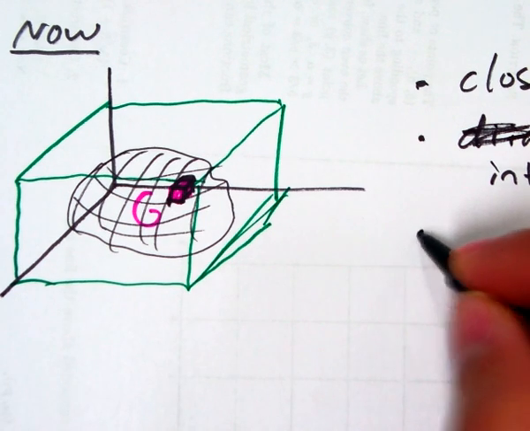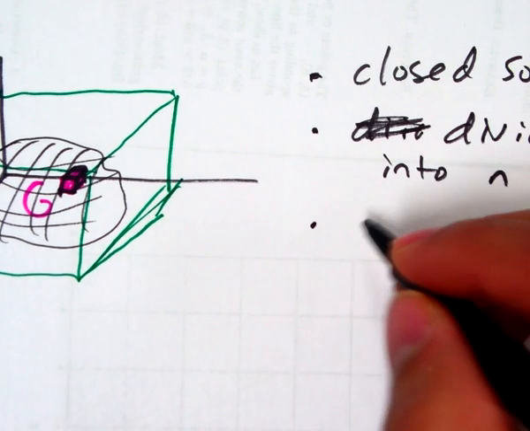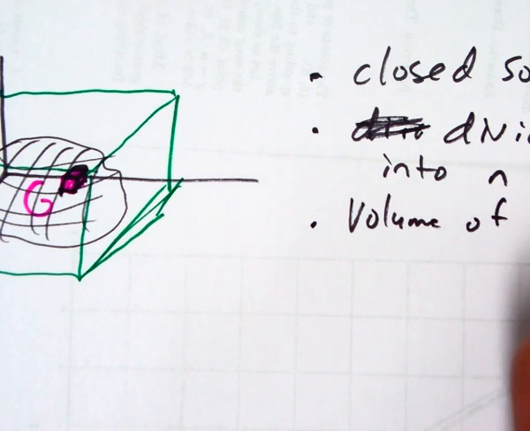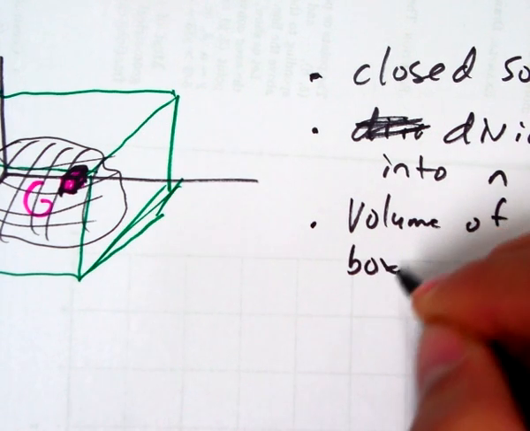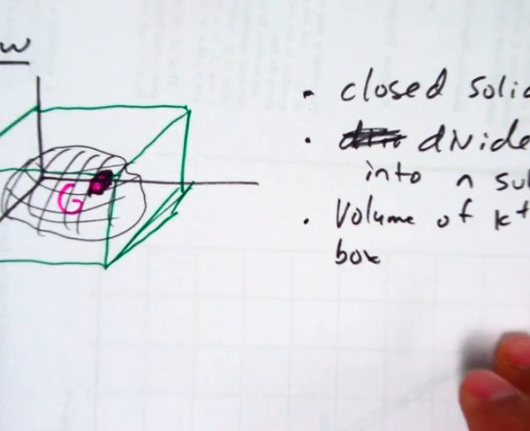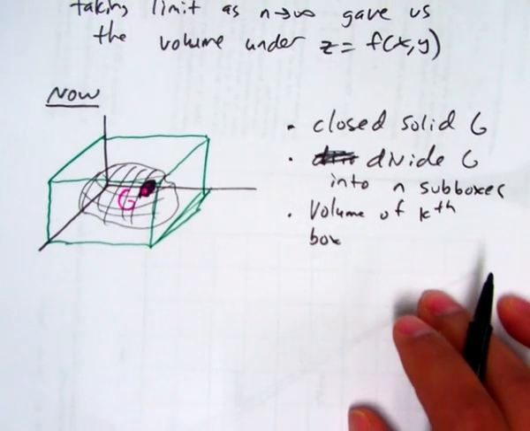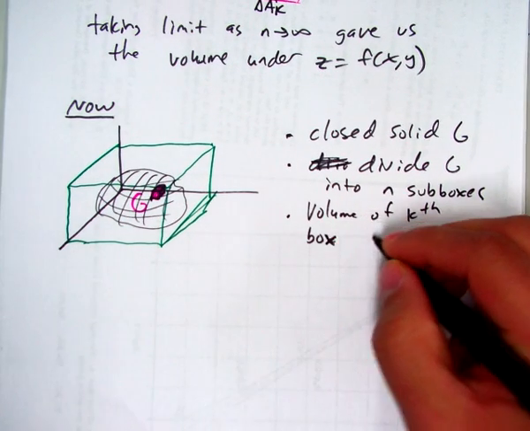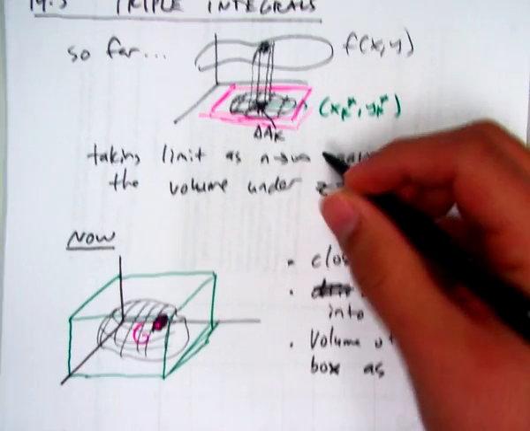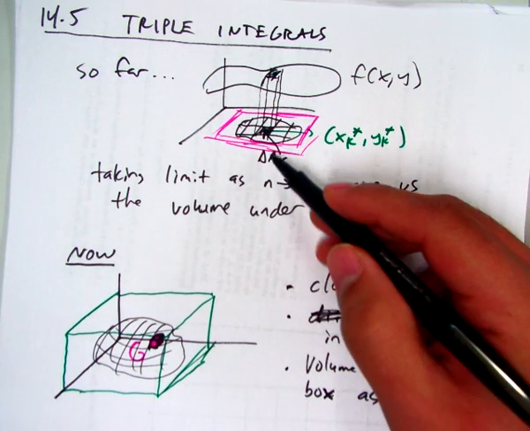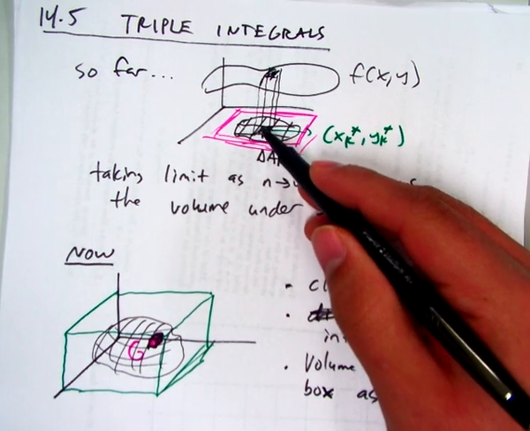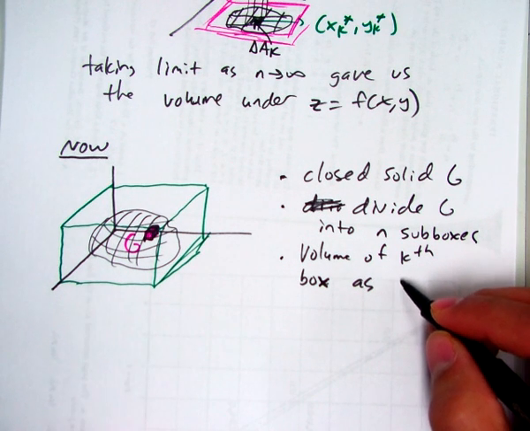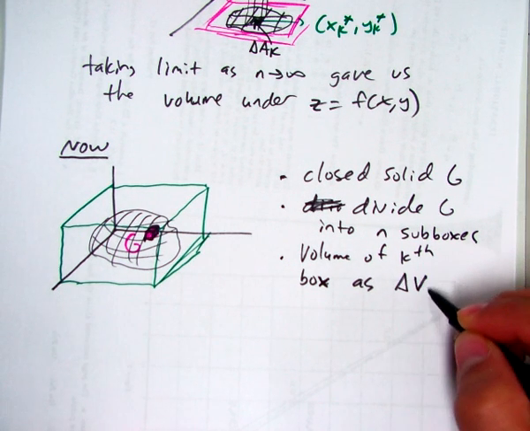And what we're going to do is denote the volume of the kth box not as delta A sub k, which was the area of the kth rectangle here. We're going to call the volume, what do you think would be appropriate here? Delta V sub k.